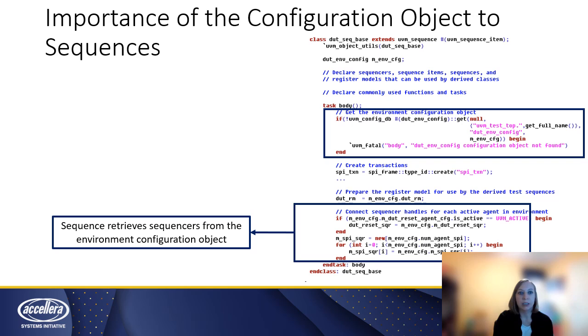After the test build and connect phases are done manipulating the configuration objects, sequences are run during the run phase. This code snippet shows how the sequences use the environment configuration object in order to access various sequencer handles. The sequence base classes get the environment configuration object from the UVM config DB in order to use the sequencers that were connected by the test.